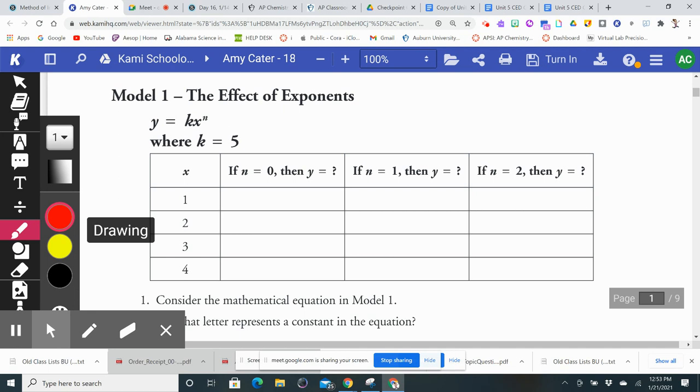All right, so if n equals 0, then y would equal what? Now for me, having been a former math teacher who used to not like math when I was in college, the best way to get over that and to make sure that you know what you're doing is don't try and do it all in your head.